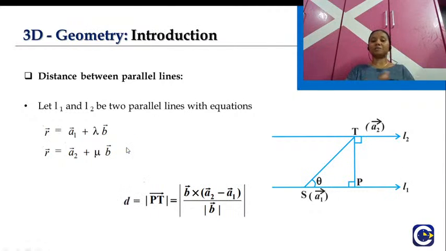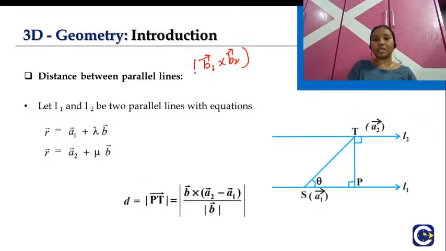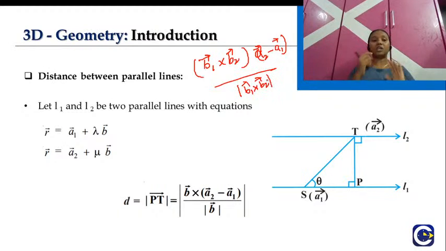Then here comes my formula. If you remember, for our skew lines, what is our formula there? It is (B1 bar cross B2 bar) dot (A2 bar minus A1 bar) divided by the modulus of B1 bar cross B2 bar. This is the formula we have seen for finding the shortest distance between two skew lines. But if you remember, skew lines are lines which are neither parallel nor intersecting.